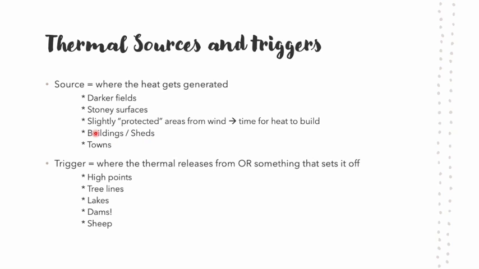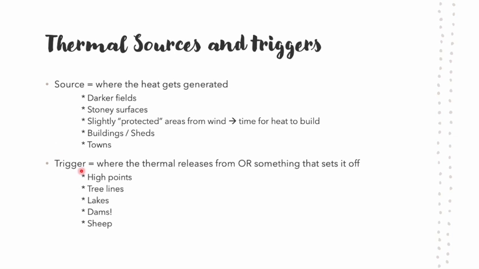If you have large buildings, large silos, like a farm with a number of big buildings on it, those tin buildings can start radiating heat quite strongly, as well as towns. They generate a fair bit of heat because there's all this asphalt and concrete, and that heat needs to go somewhere, which is up.